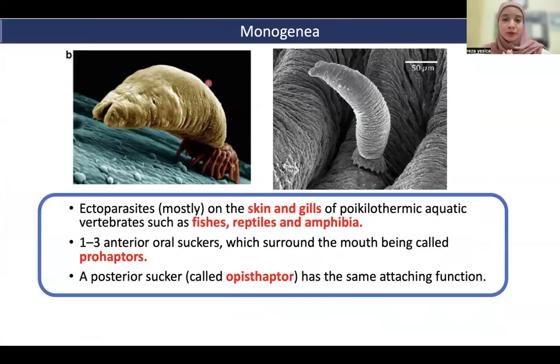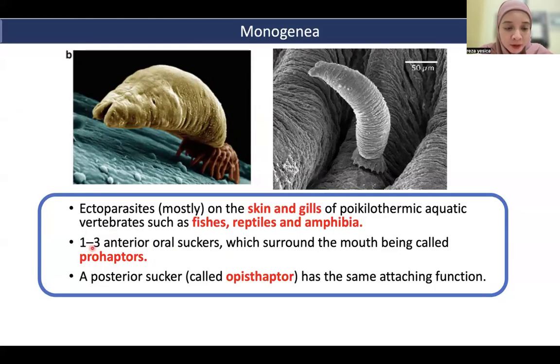And the second order is Monogenea. Monogenea is mostly the same as Aspidogastrea, but they are ectoparasites, mostly in the skin and the gills of poikilothermic aquatic vertebrates, such as fish, reptiles, and amphibians.